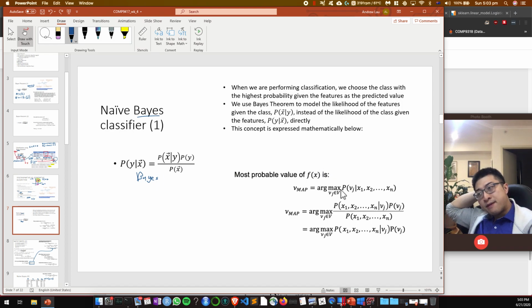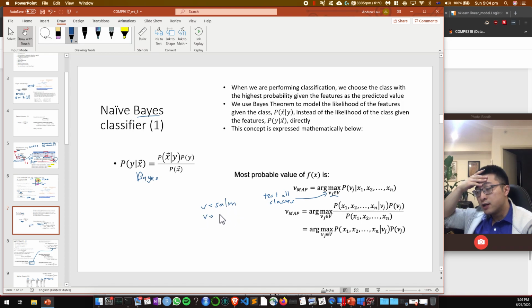So expressed mathematically, we want to test all the classes out. You might try y is equal to salmon, or y is equal to sea bass, and then you calculate the probability, and your y hat, your predicted value, will be equal to that, right?